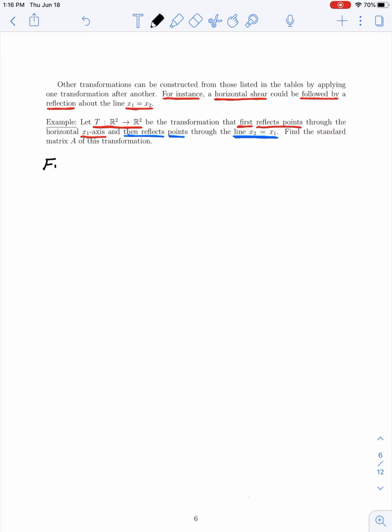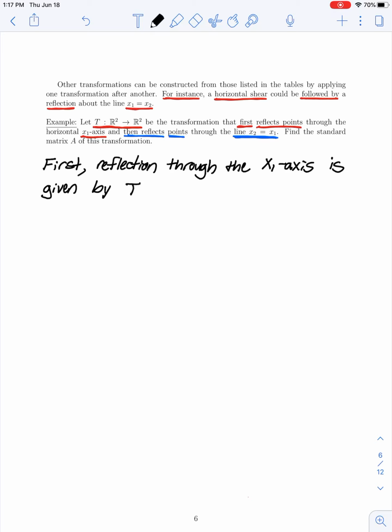So let's think about the first part of this transformation. Here, first we have reflection about the x1 axis. And this transformation is given by, let's call it T1 of x for the first part of my transformation, which is a matrix transformation.